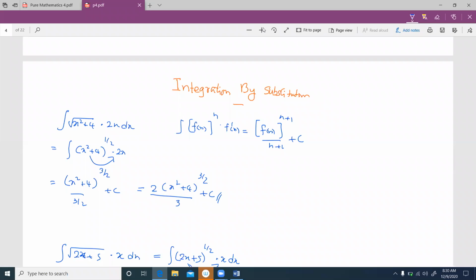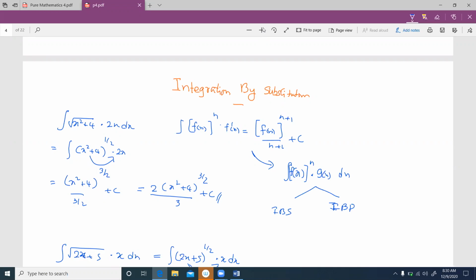Again, if this is the integration of f(x) to the power n into g(x), and g(x) is not the differentiation of f(x), you have two approaches to this question. One is integration by substitution, and the other is called integration by parts.